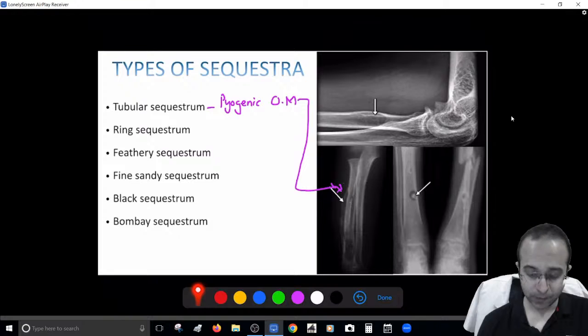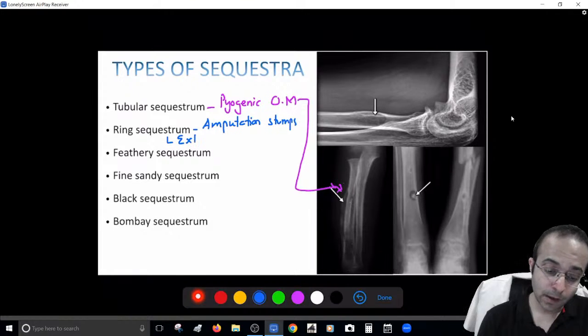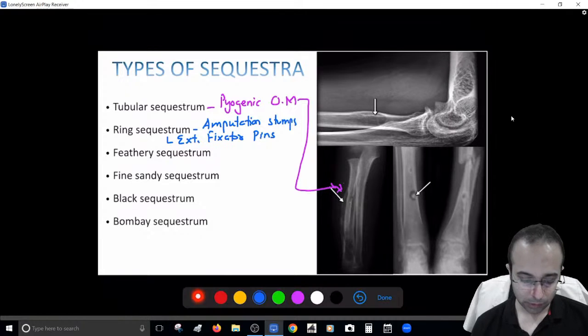Okay, a ring sequestrum, you would either find this around the amputation stumps or around the external fixator pins, the external fixator pins that you put to the bone. Like see here, that's called a ring sequestrum.